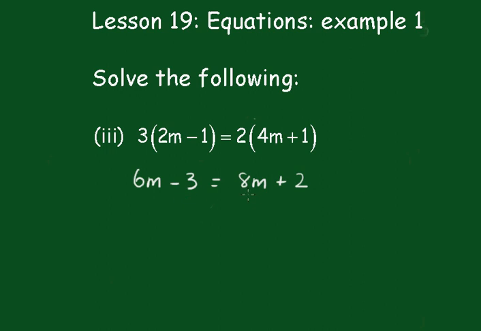Now I'll subtract 8m from both sides, so it's minus 8m minus 8m, and that gives me minus 2m minus 3 equals 2. Now what I'll do, I'll add 3 to both sides, and that gives me minus 2m equals 5.